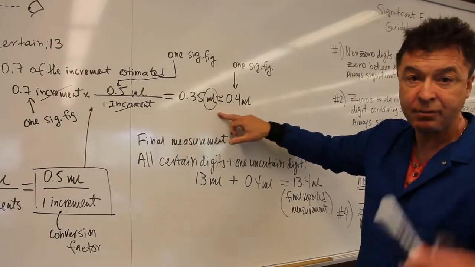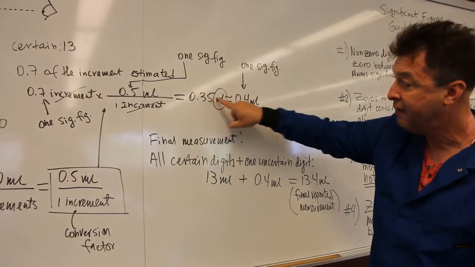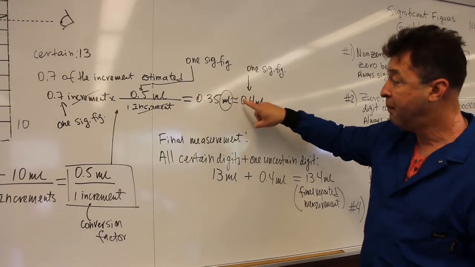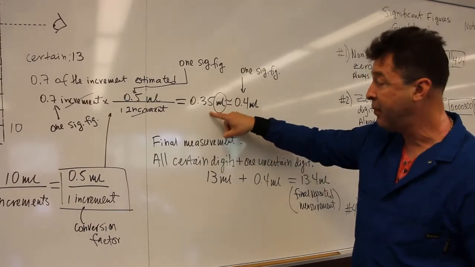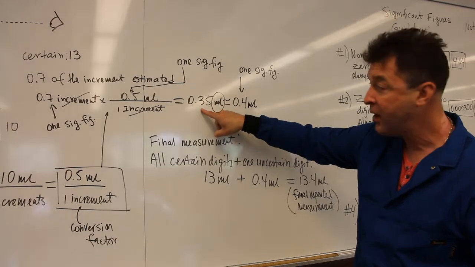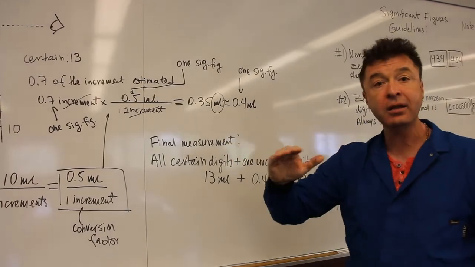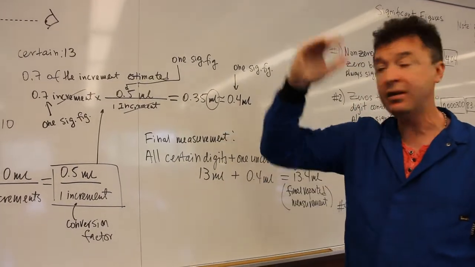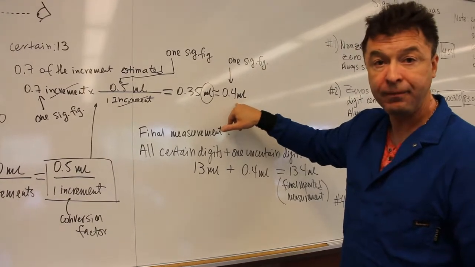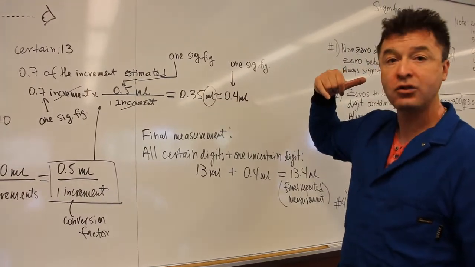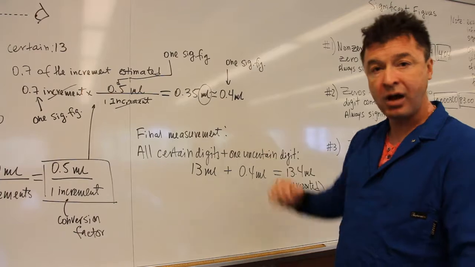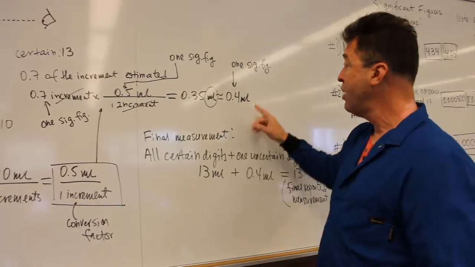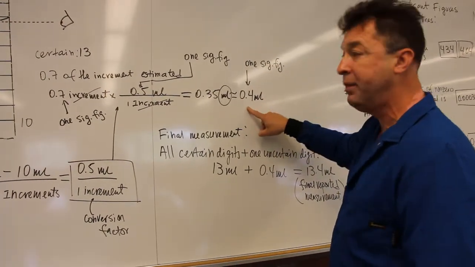I got this answer, 0.35, but I need only one significant figure. Remember, the digit before the 5 is odd, so I drop the 5 and round from odd to even, and that's why this is 0.4 here. You see how I just applied the rules that I taught you to everything I've done in terms of calculation here. And now, this number will be uncertain.